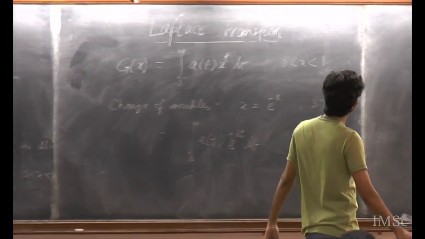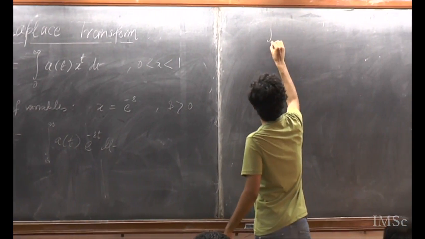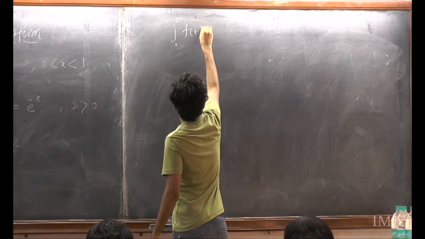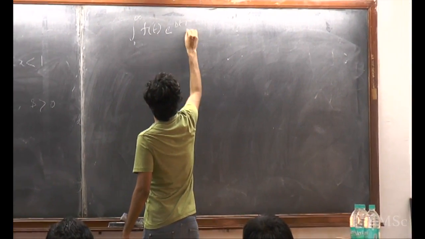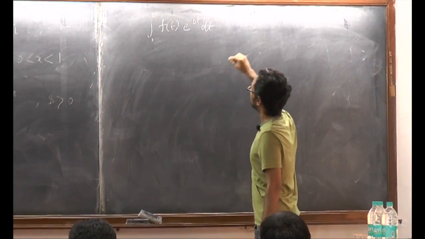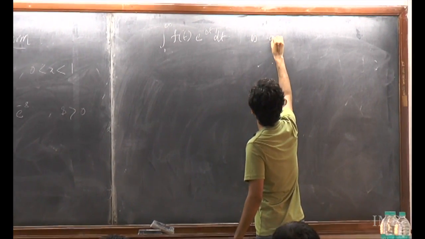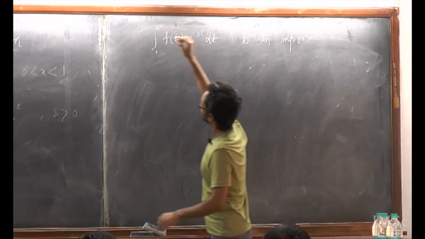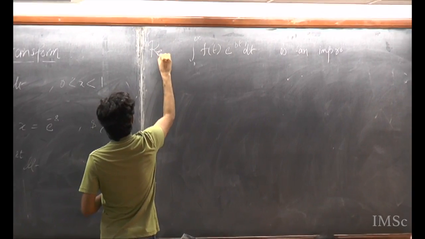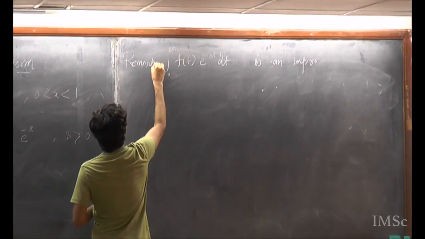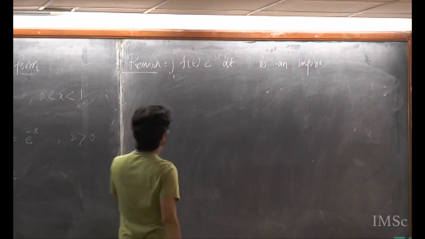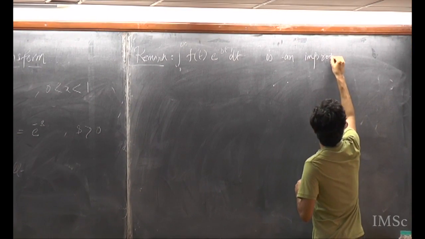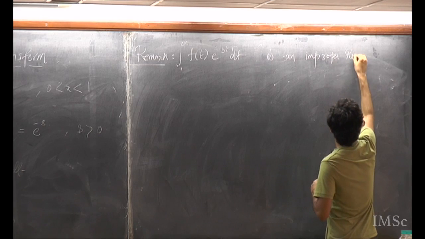This is a remark: the integral from 0 to infinity of f(t) e^(-st) dt is an improper Riemann integral.